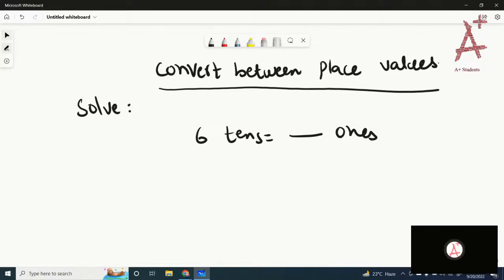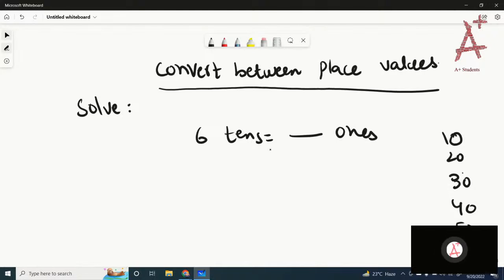You have to count by tens. Start counting from tens until 6 tens. So they are 10, 20, 30, 40, 50, and 60.